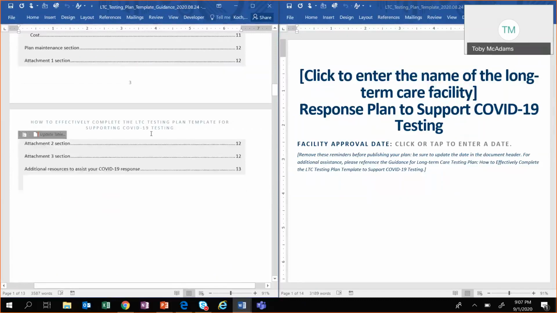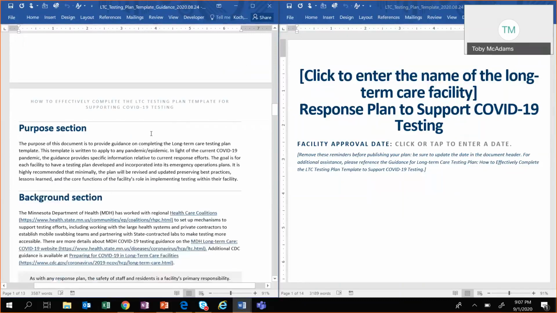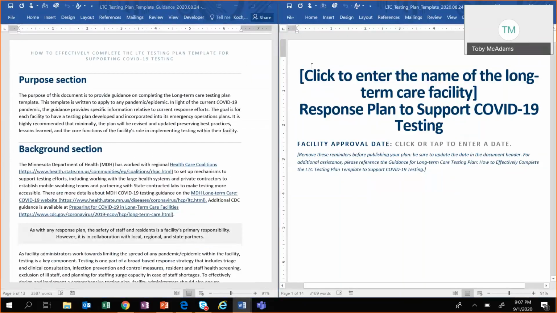Great, so I'm going to go ahead and just scroll down and get myself ready on my template. On the template side, on the right-hand side, you're going to see that when I hover over things, some things might highlight. And that's really the areas where you're going to be updating your information. So for instance, here, it's already telling me I need to do something, and it's just entering the name of my facility.